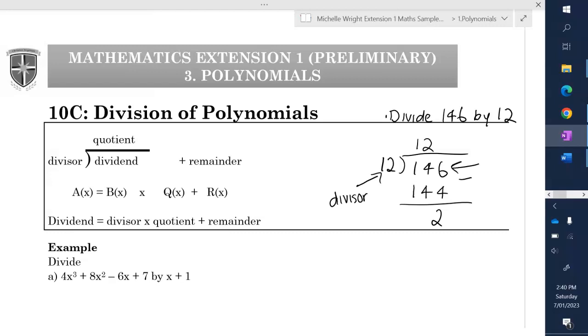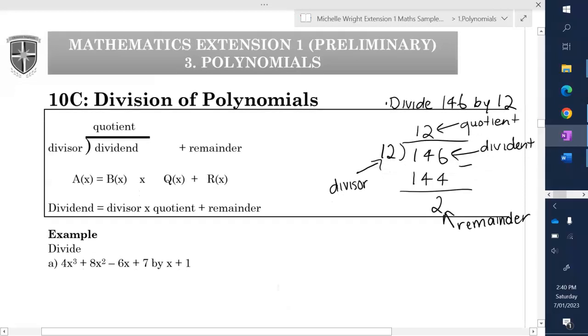The number that we're trying to divide into is the dividend. The answer we get, or how many times it goes into it, is the quotient. And the number that's down here, if we can't go any further, if I can't pop 12 into 2, which I can't, is my remainder. So that's the language that we're going to have a look at in this topic.